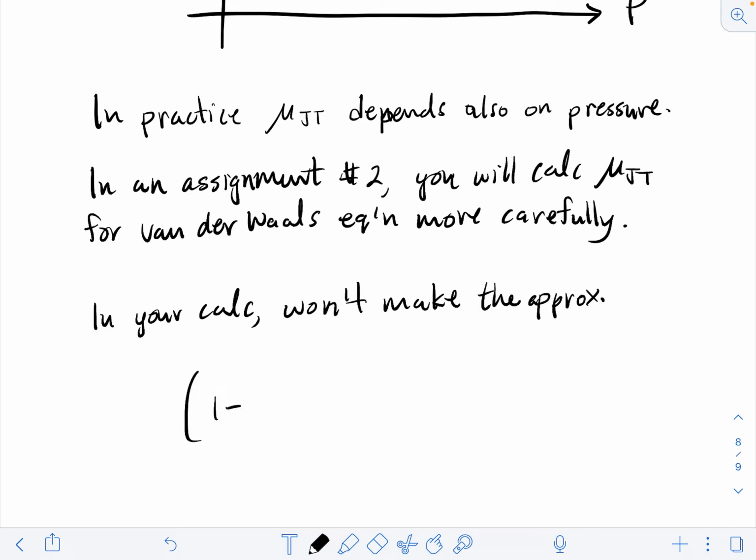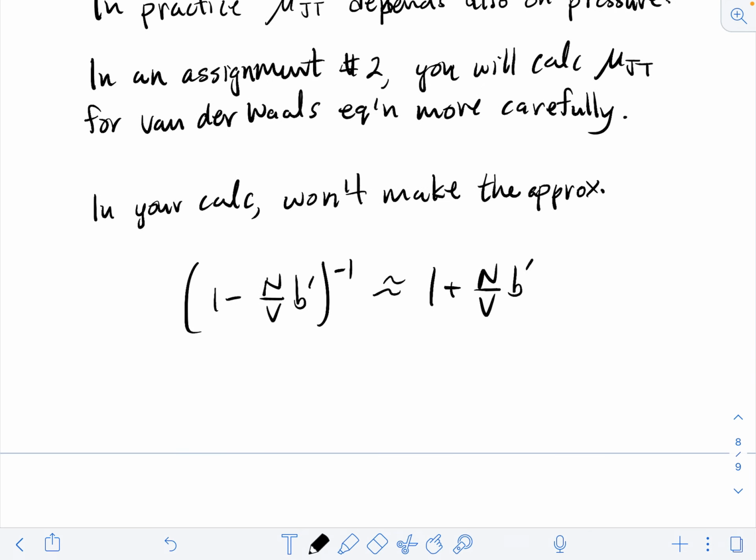One of the approximations we made was that 1 minus n over v times b prime inverse of that was approximately, by the binomial approximation, 1 plus n over v b prime. So you're not going to do that.